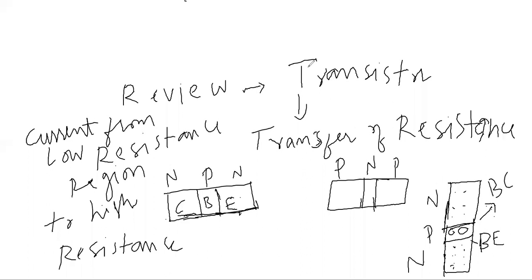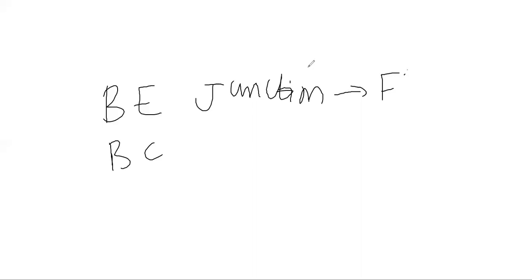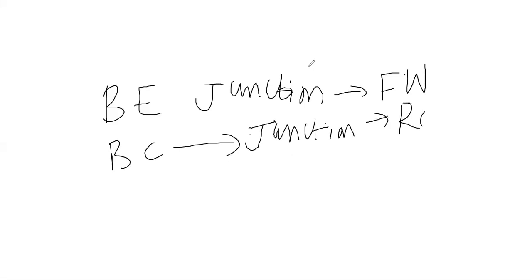For the transistor to work in normal mode, the base emitter junction must be forward biased, and the base collector junction must be reverse biased.